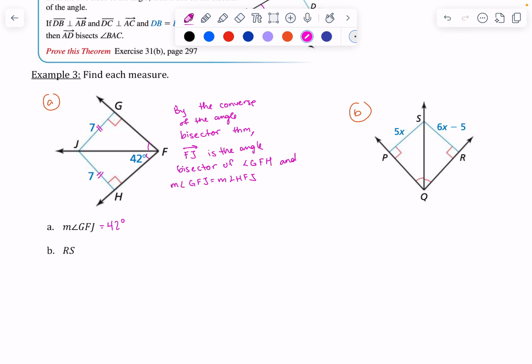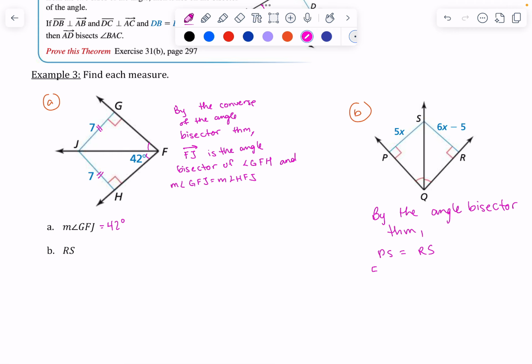Okay, looking at B. In this case, notice the information I'm given is that those two angles are congruent. So in this case, by the angle bisector theorem, I know that PS is equal to RS.